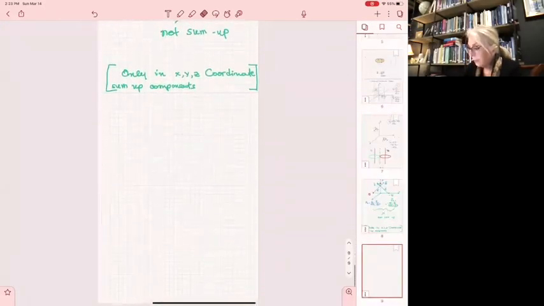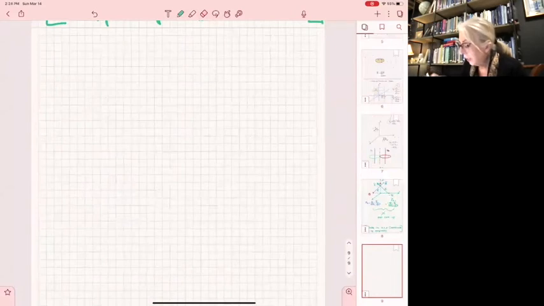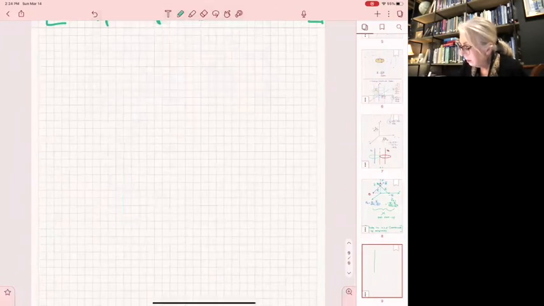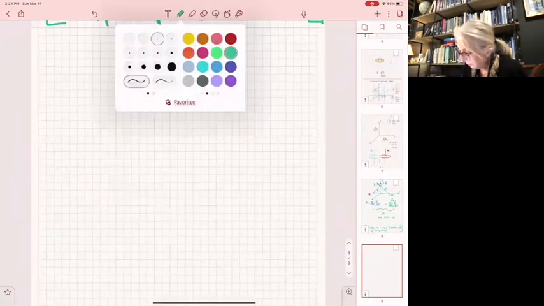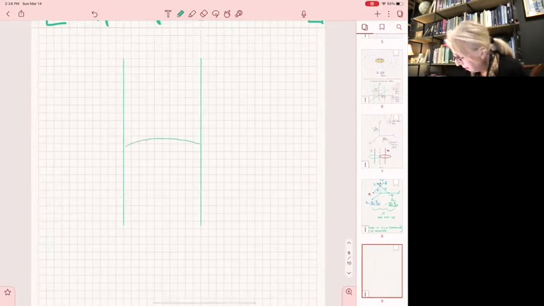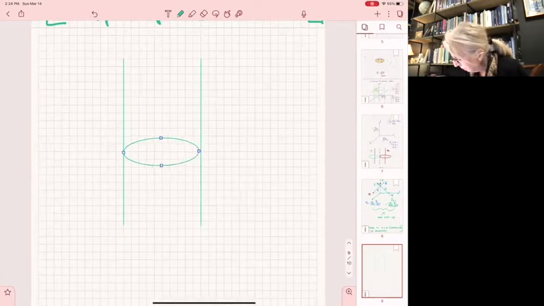Let me go here and I will do this for you. So let's assume now that we are in a cylindrical system. Okay, I'm trying to reproduce the picture here.